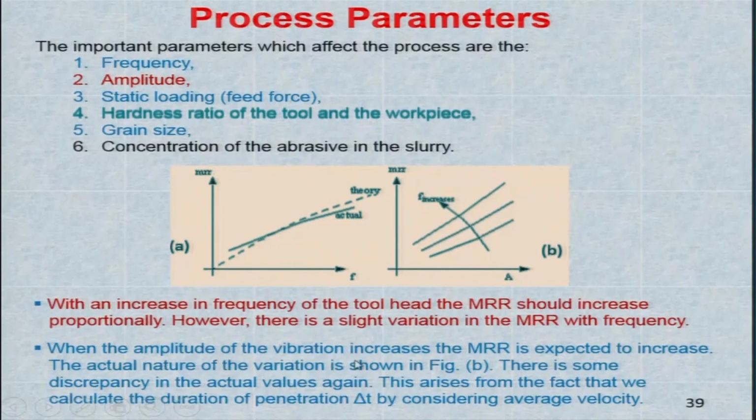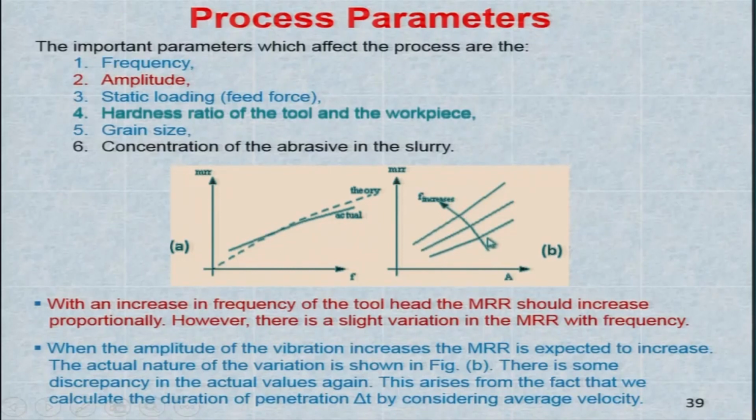When the amplitude of the vibration increases in the second curve, the material removal rate is expected to increase. The actual nature of the variation is shown in figure B. This is the actual nature. There is some discrepancy in the actual values again. This is not exactly a straight line.